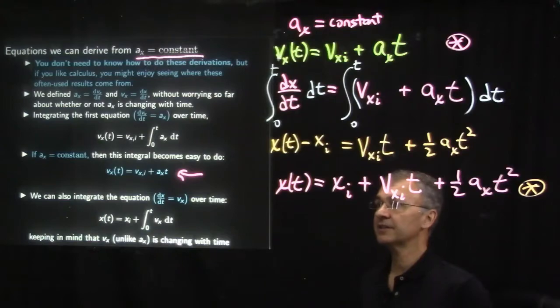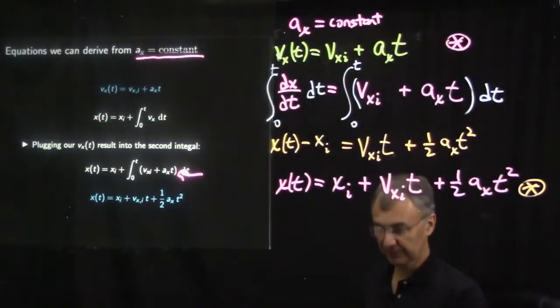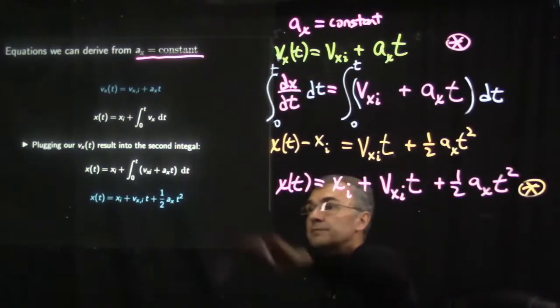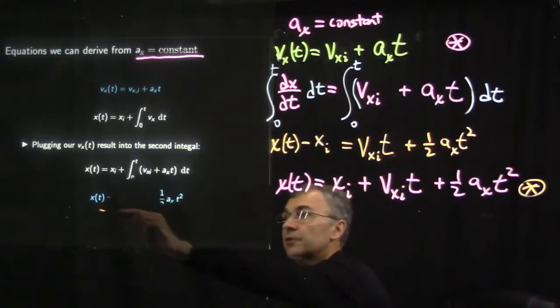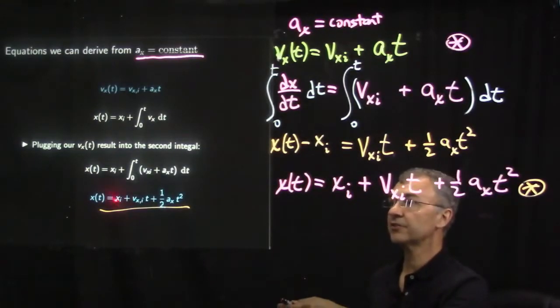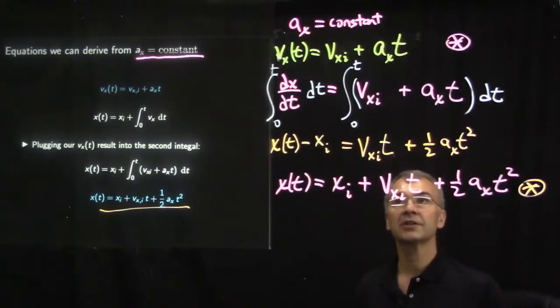And I think I wrote that down over here. So I wrote it down here. So x of t is x initial plus v x initial times time plus 1/2 a sub x t squared.